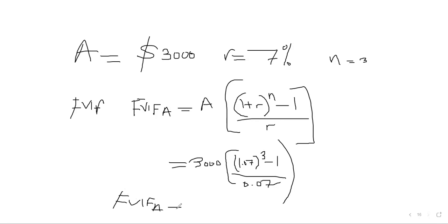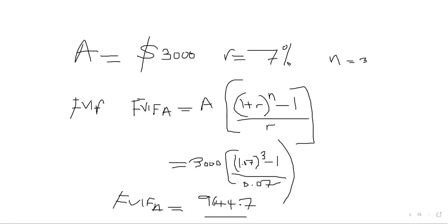It's just a multiplication: 1.07 to the power 3 minus 1, then divide by 0.07, and multiply by 3,000. So it's about 9,644.7.